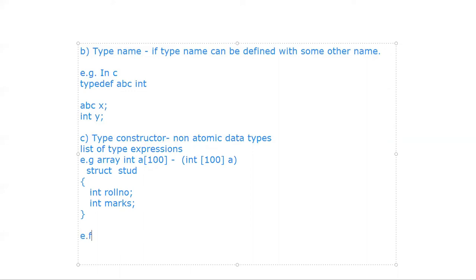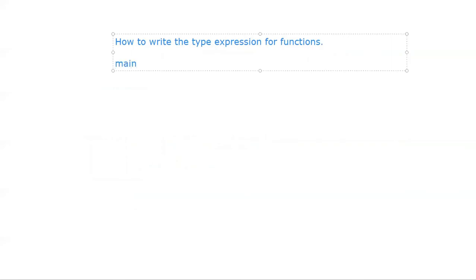Now let's take one example. How to write the type expression for functions. As we know, your function takes parameters, right? So how to define it? Suppose there is a main program.